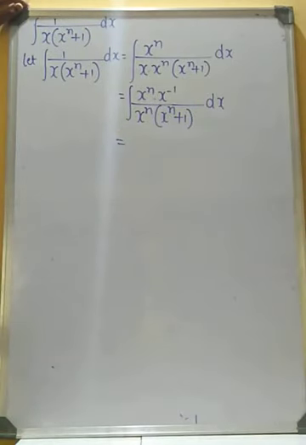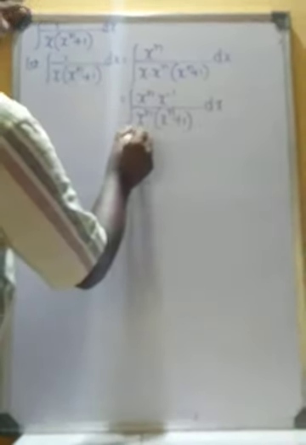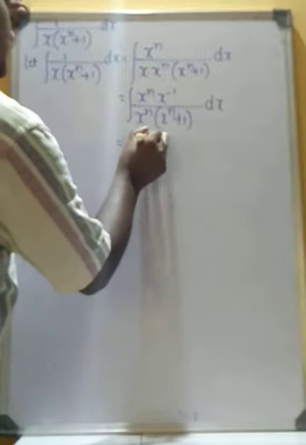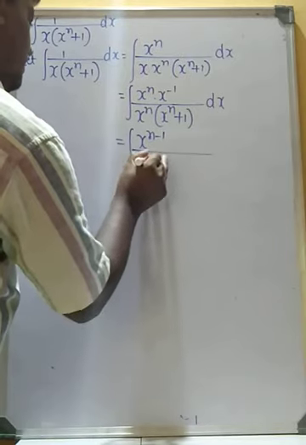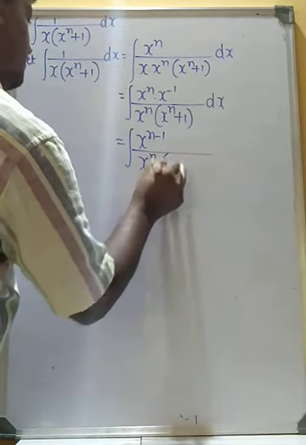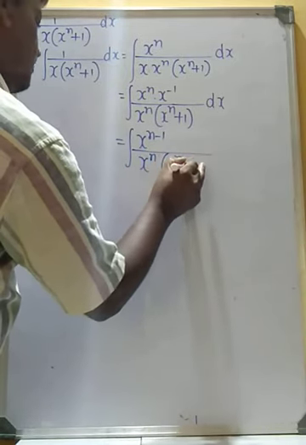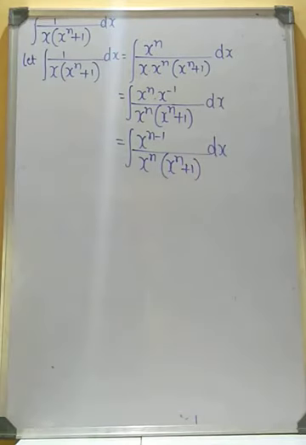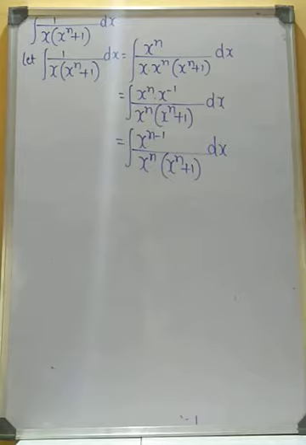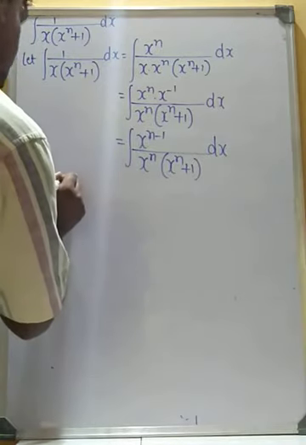X to the power of n into x to the power of minus 1 can be written as x to the power of n minus 1, dividing by x to the power of n into x to the power of n plus 1 into dx. So now put x to the power of n equals t.